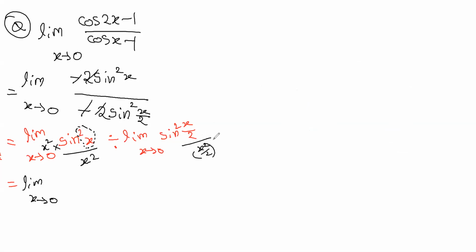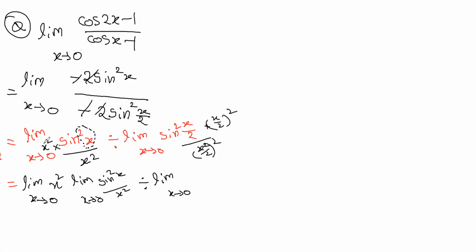Now it is limit x tends to 0 of sin square x by x square, divided by limit x tends to 0 of sin square of x by 2 by x by 2 whole square. Limit of AB is limit A into limit B.